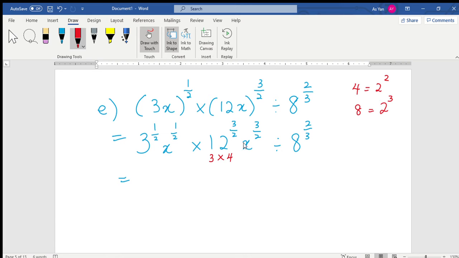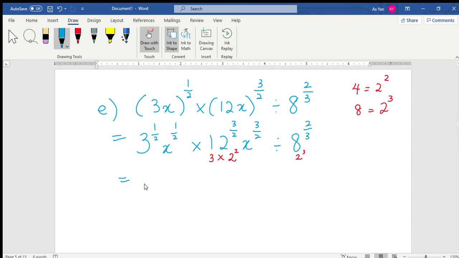So this 4 we can change to base 2, so it is 2 to the power of 2. Okay, 2 square equals to 4, 4 times 3 is 12, and then 2 to the power of 3 is for the 8.